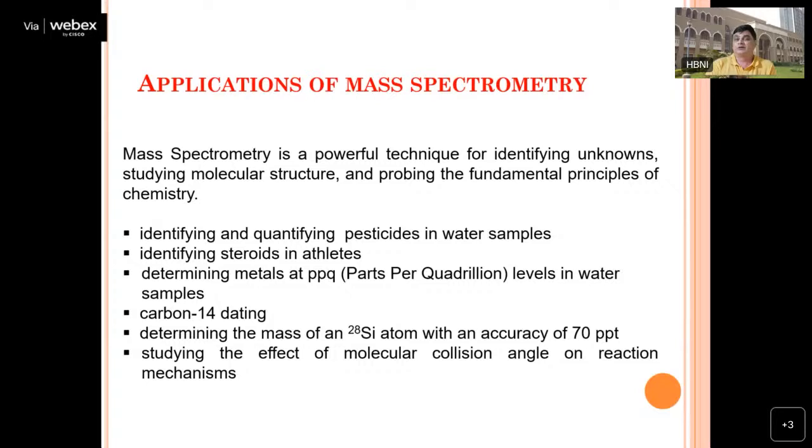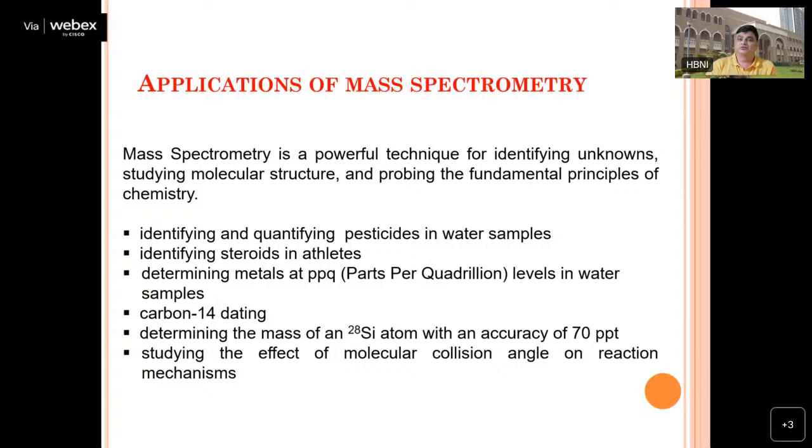It can also be used for carbon 14 dating, to know the age of geological structures or other matrices in nature that have had contact with natural carbon dioxide.